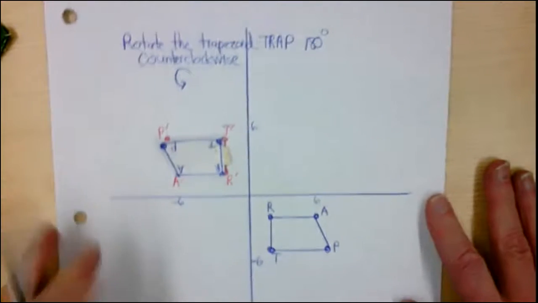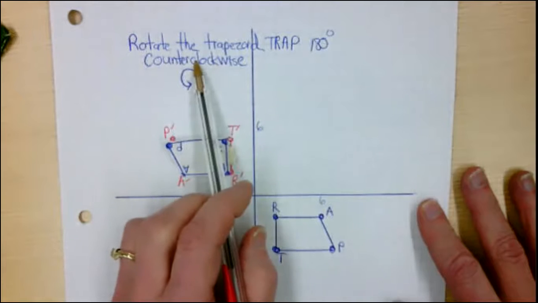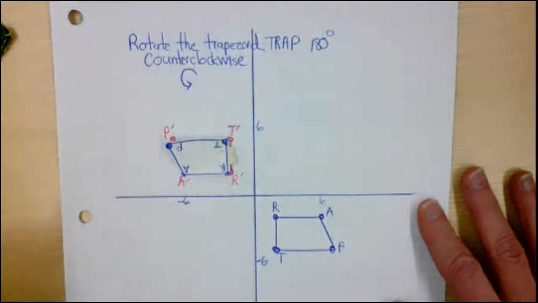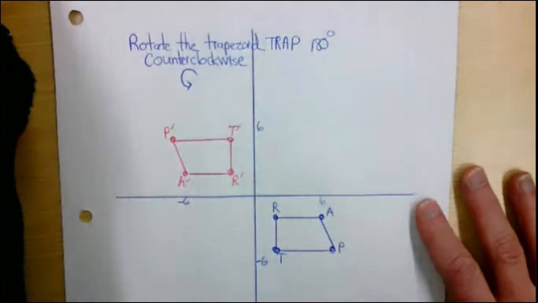So we don't really have to specify when we're going 180 degrees which direction we're going, because either way we end up in the same spot. So keep that in mind as we get into some of the harder stuff.